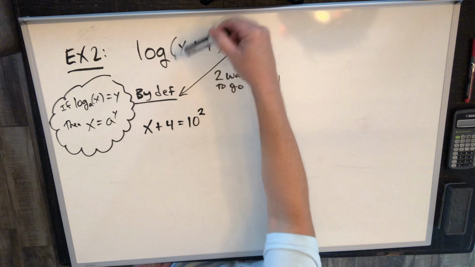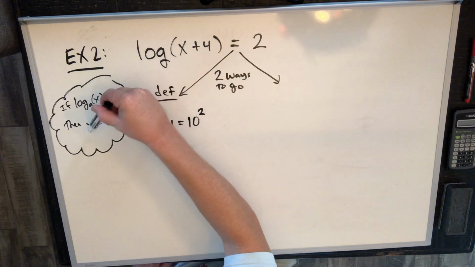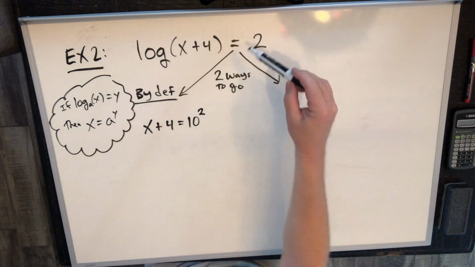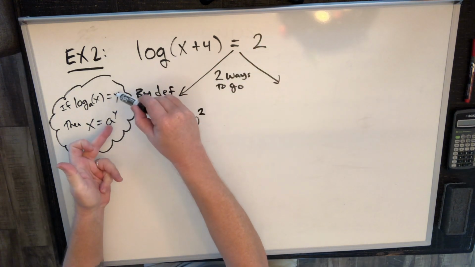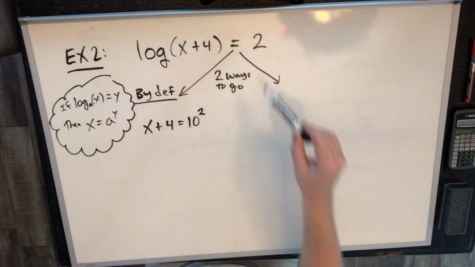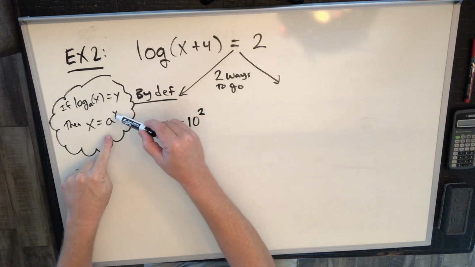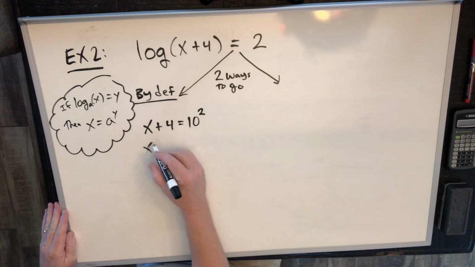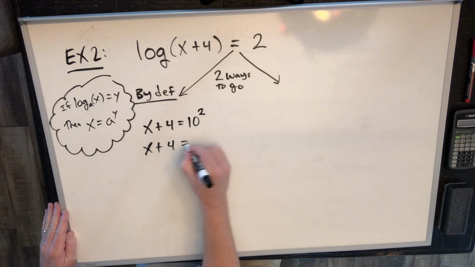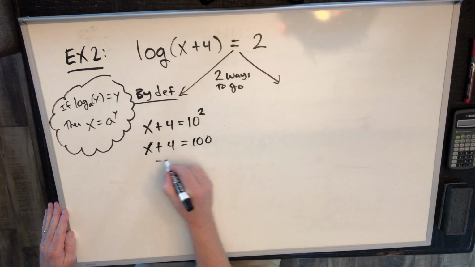You see, the x plus 4 is the argument. That's our x in this definition here. The 2 is the value of y. So we have a to the y is 10 squared. And that gives you the answer relatively quickly. X plus 4 is 100, so x is 96.